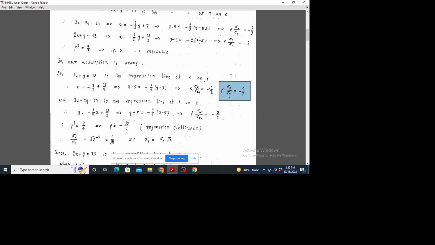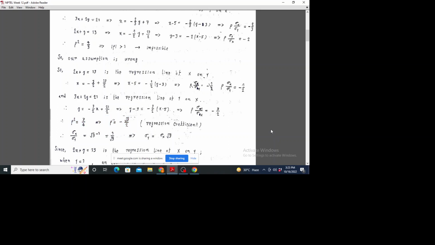That means rho has to be negative, so we choose the negative root. So rho square is equal to 3 by 4, and the regression coefficient is rho equal to minus root 3 by 2. The minus sign comes from comparing this equation. Okay, so now we have found the regression coefficient.